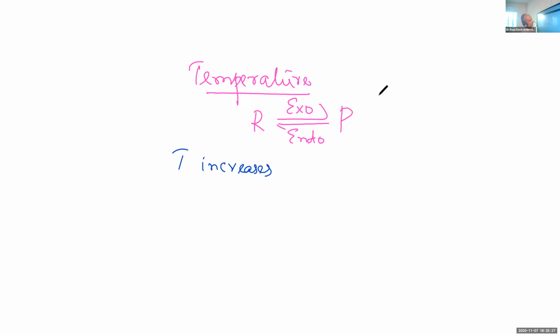Heat is given out. And if temperature is increased, what will happen? For the reaction to occur, heat is to be removed, because it is exothermic. So the reaction occurs in the reverse direction. So when temperature increases, the reaction in which heat is absorbed is increased. There is a very simple logic.